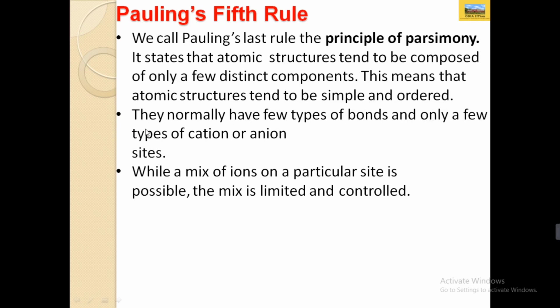They normally have few types of bonds and only few types of cation and anion sites, while a mix of anions on a particular site is possible. The mix is limited and calculated. Here you can see that according to the law of parsimony, all are calculated and limited. They are perfectly and orderly stable.